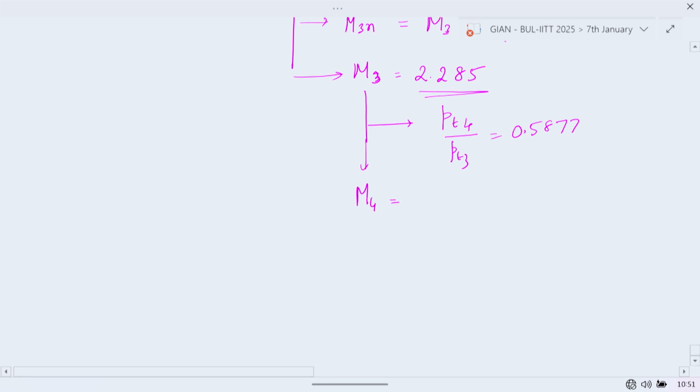M4 is not asked. What is the value for M4? 0.5356.